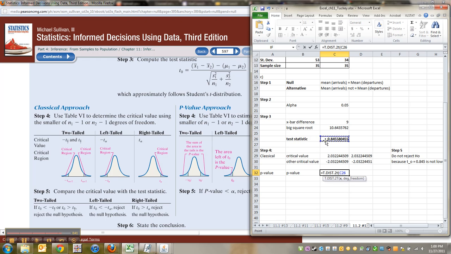If it was negative 0.845, you'd have to take the absolute value of it. Matter of fact, you can do absolute value in here. It's not going to hurt anything. ABS, parentheses, comma, and degrees of freedom is 35, take away 1. And there you go. That's the p-value.